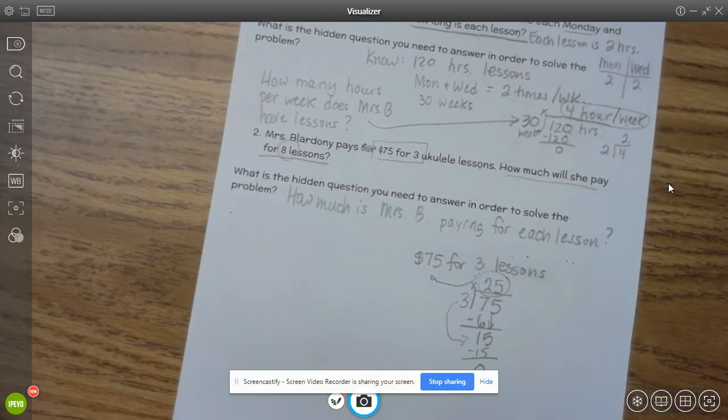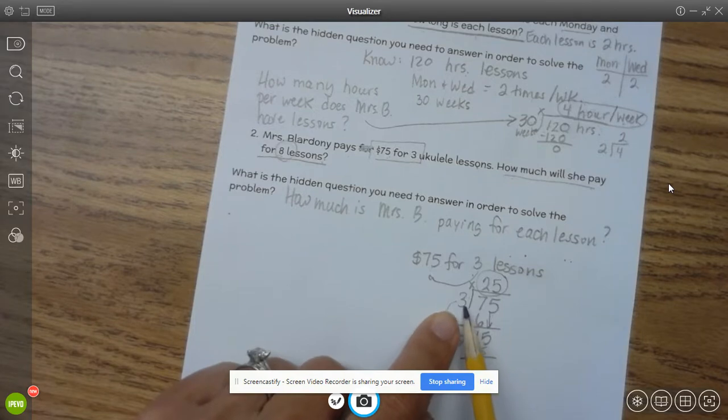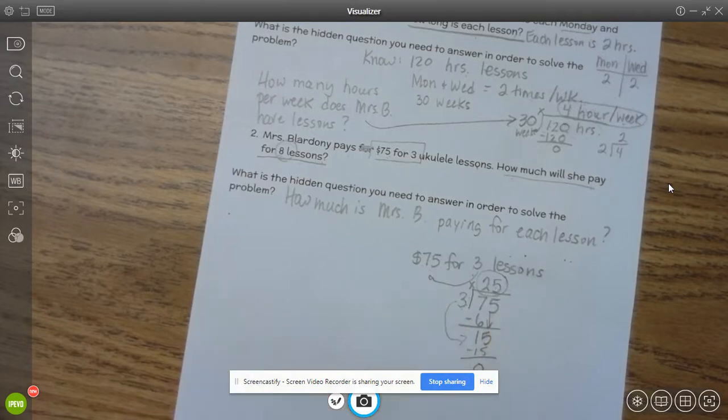Now, if we were doing mental math, and sometimes we can associate 75 with quarters or money, we can say, well, I know 3 quarters makes 75 cents. So if we think about real life things like using currency when it makes sense, I wouldn't even have to do this if I think to myself, 75 cents, 3 of what makes 75 cents? 3 quarters, and each quarter is worth 25 cents.